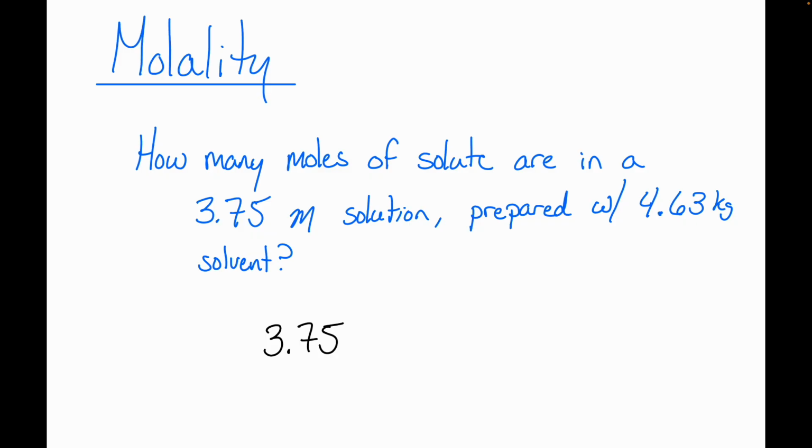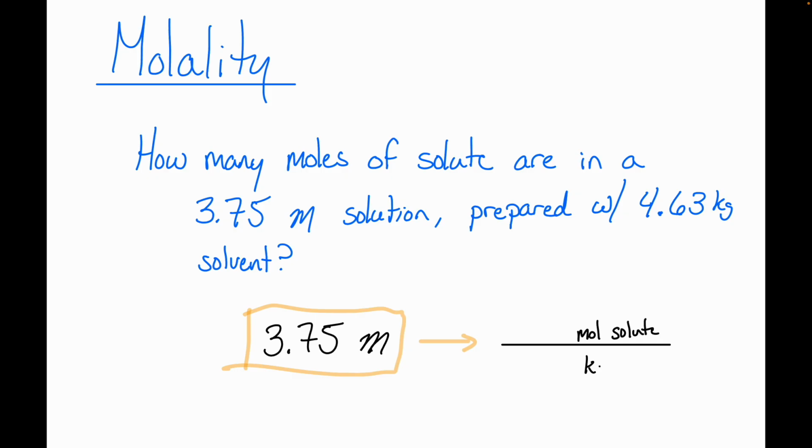All right, so let's do this first part together here. First thing I'm going to do is take this 3.75 molal, and this is my concentration. So using that definition, I need to turn it into one of those conversion factors. The definition of molal was moles of solute over kilograms of solvent.